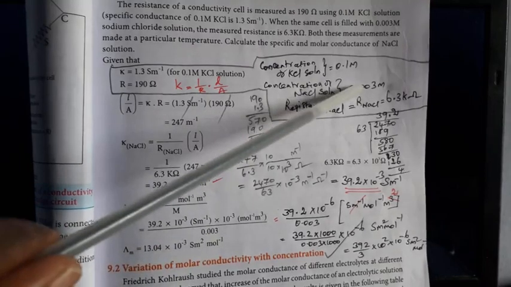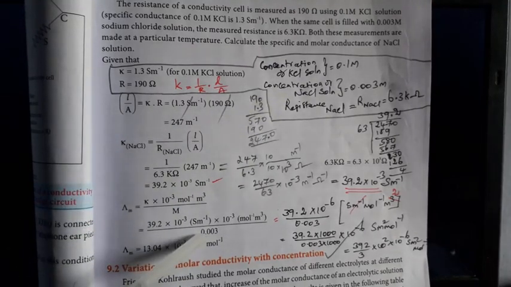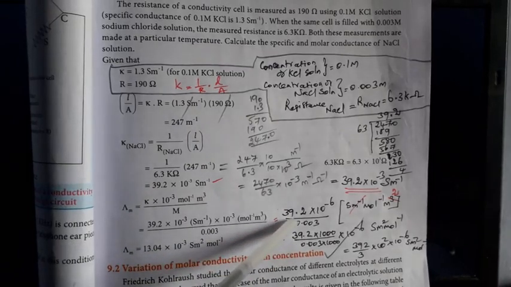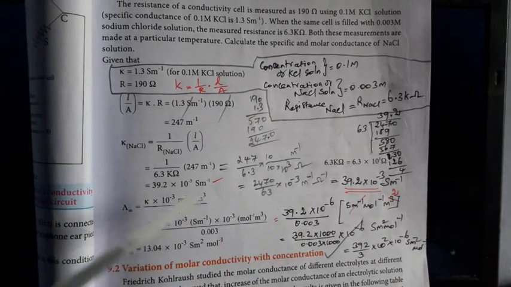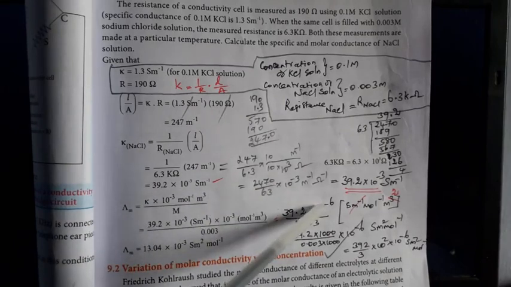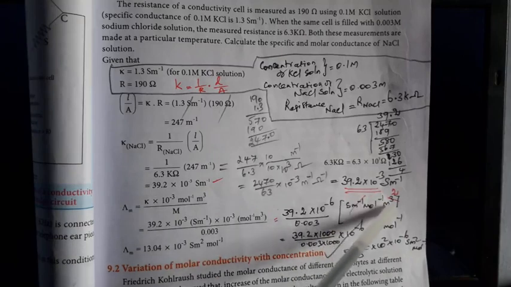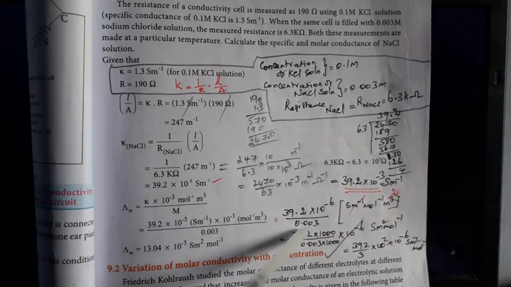So again, 39.2 into 10 to the power of minus 3 divided by 0.003, with unit S m power minus 1 mole per meter cube.